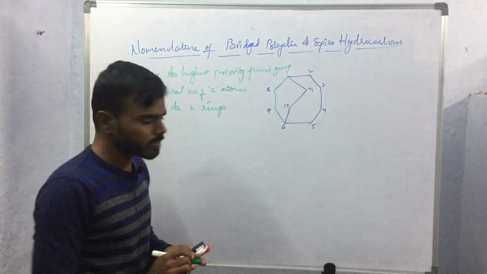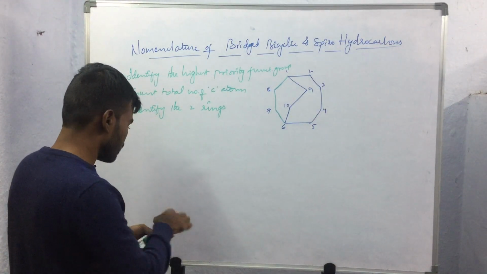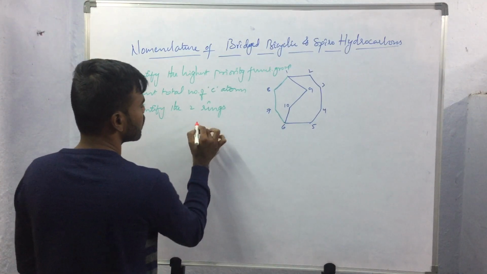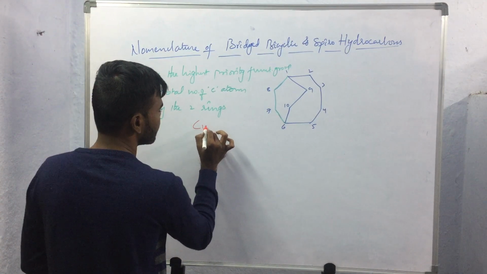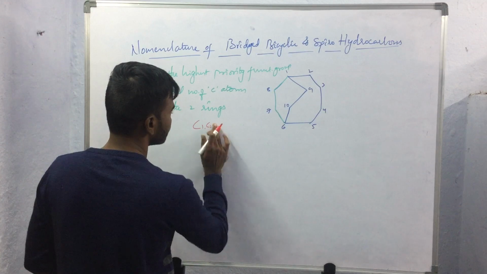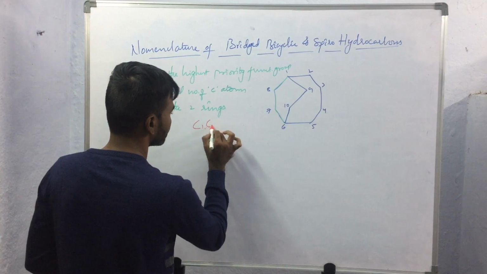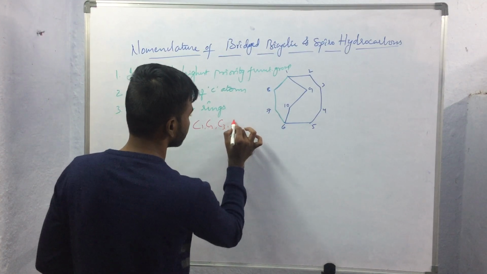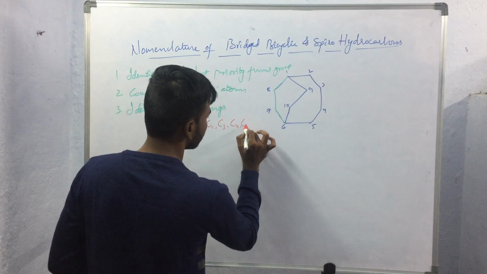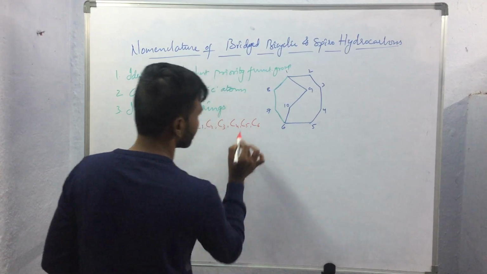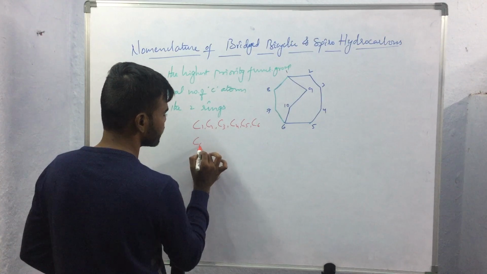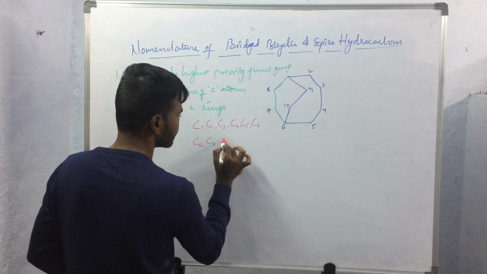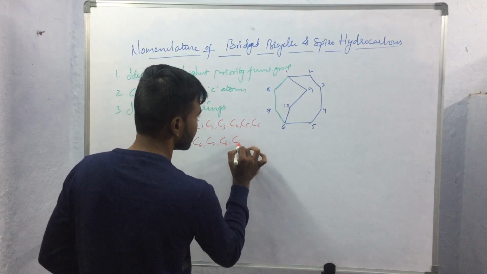So C1, C2, C3, C4, C5, C6, and C6, C7, C8, and C1.